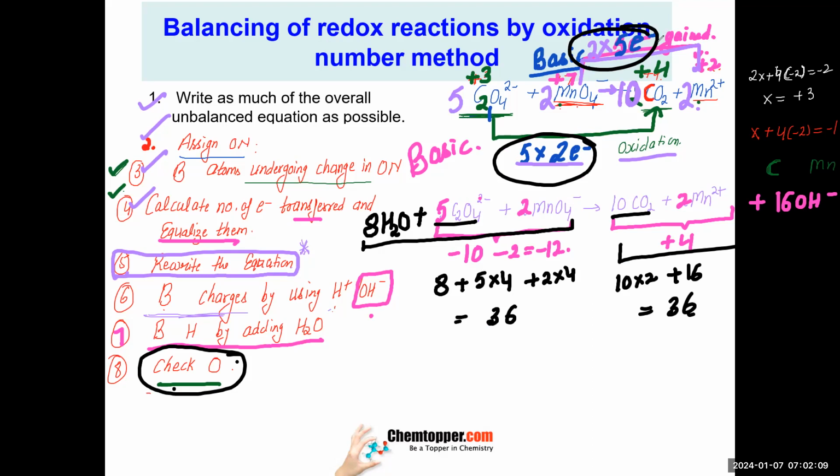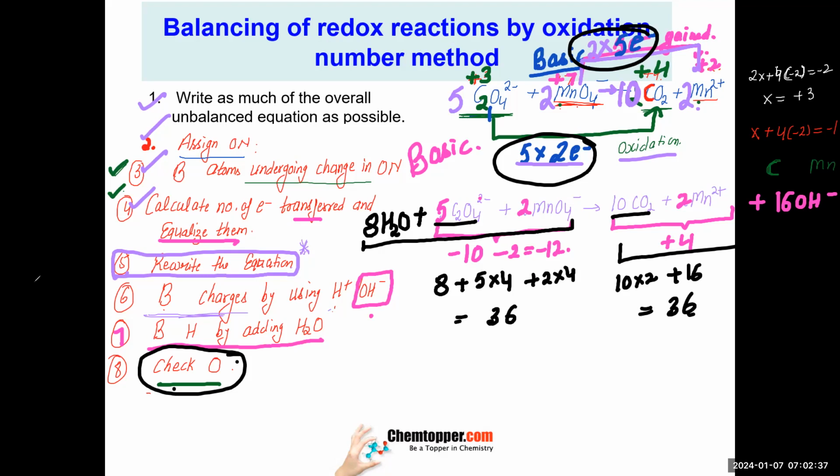Then once you are done with this, rewrite the equation. Now check the charges. If it is acidic condition, add H plus. If it is basic condition, add OH minus. Then check hydrogen, balance them by adding water. Then in the last, check oxygens. Oxygens should get balanced on their own.